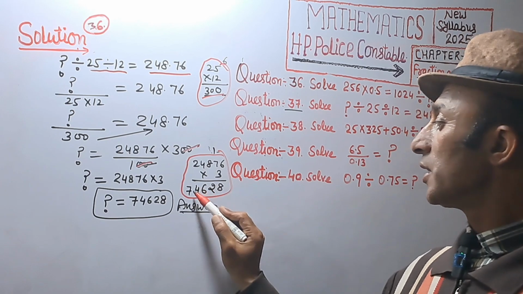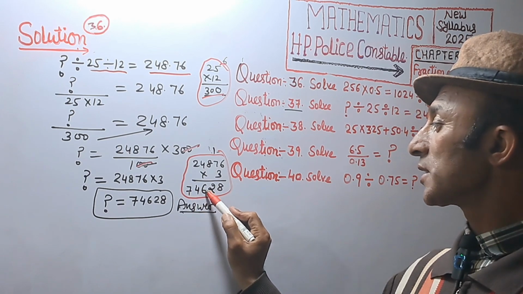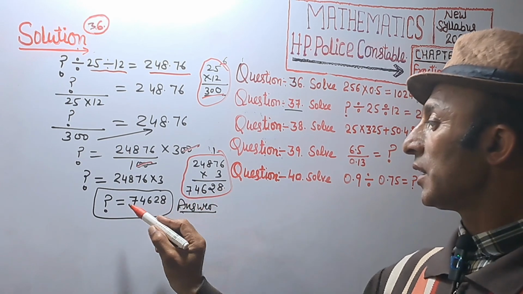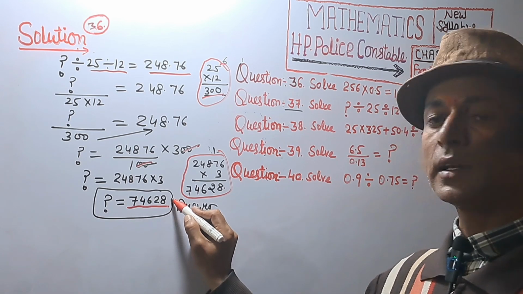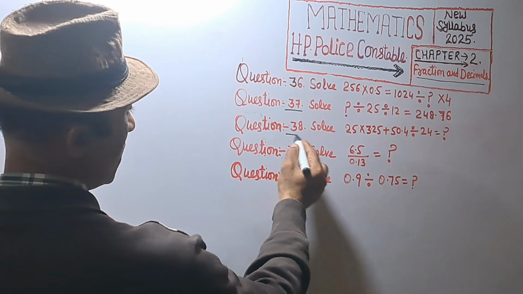So we get 74,628. Sign of interrogation is 74,628. Answer.